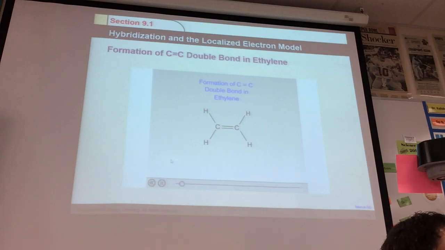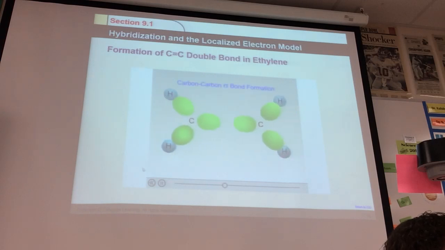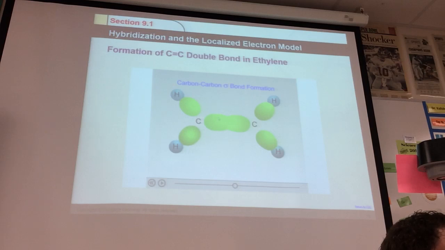The carbon-carbon double bond in ethylene consists of a sigma and a pi bond. That'll come back. An sp2 hybrid orbital on one CH2 unit of ethylene overlaps with an sp2 hybrid orbital on the other CH2 unit to form the carbon-carbon sigma bond. And I'll come back to sigma and pi in a sec.